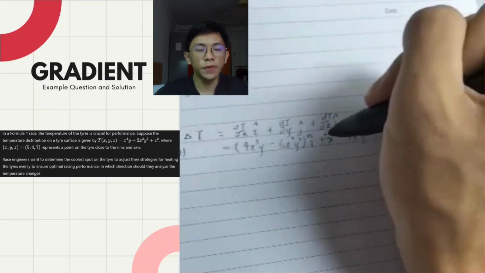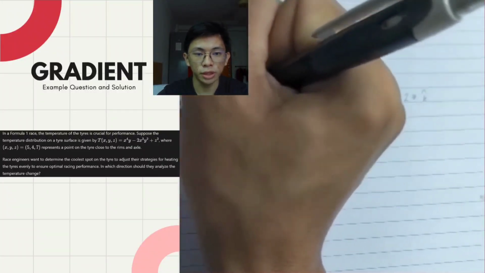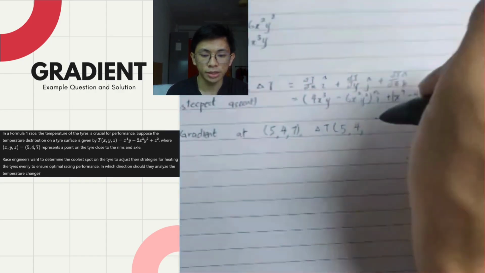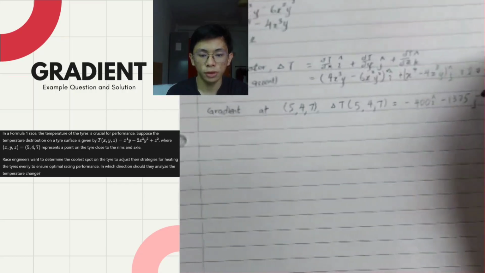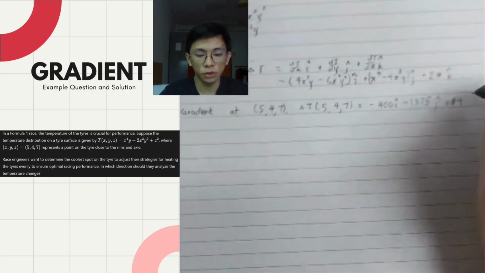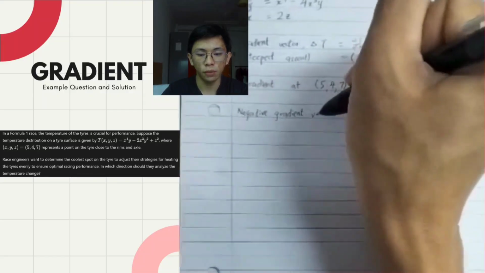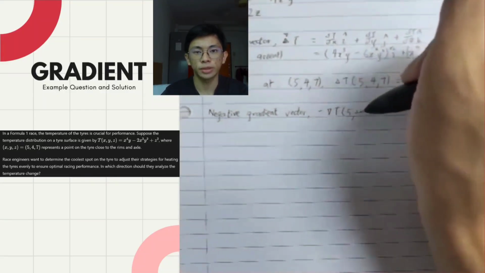After that, we find all the things that we need to use in the formula. The partial derivative of T with respect to x is 4x to the power of 3 y minus 6x squared y squared. The partial derivative of T with respect to y is x to the power of 4 minus 4x to the power of 3 y. And the partial derivative of T with respect to z is 2z.